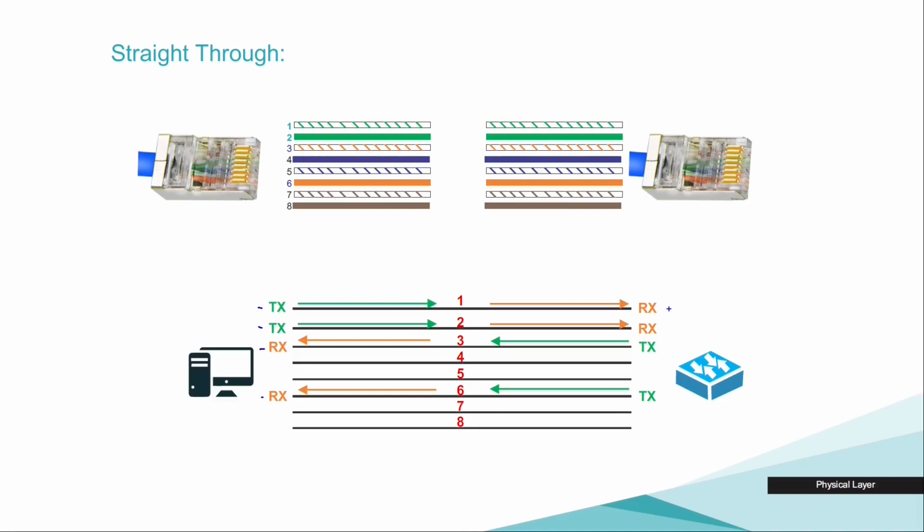The switch is receiving data on 1 and 2, transmitting data on 3 and 6. So if we use the straight through between desktop and the switch, as you can see, one end is transmitting data, the other end is receiving data. One end is receiving data, the other end is transmitting data. So the straight through cable will work properly between desktop and the switch.